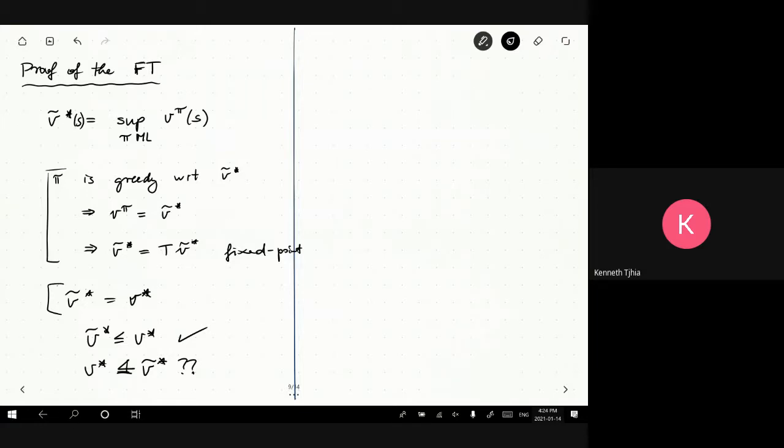To show this second thing, that's a fun thing. For this, the shortest proof that I know of uses what's called discounted occupancy measures, or just occupancy measures.